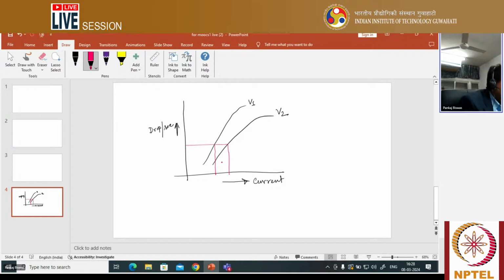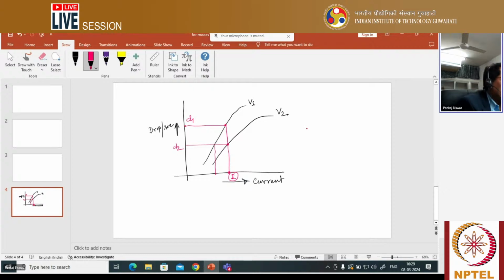For a particular current, let us consider this current I, you can observe that with the variation of voltage, your drop transfer also varies. For current I, in case of V2 voltage, you get a drop transfer, let us consider D2, and for V1 voltage at current I, let us consider your drop transfer is D1.